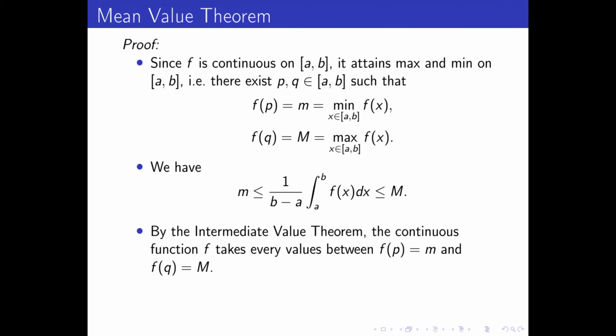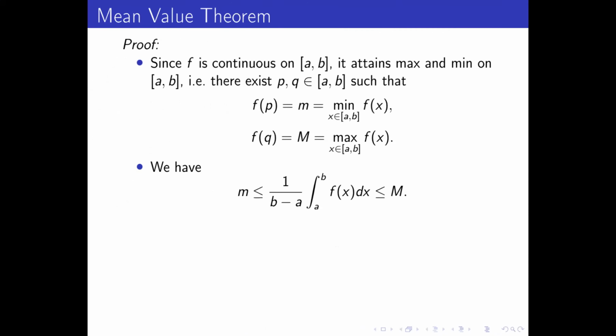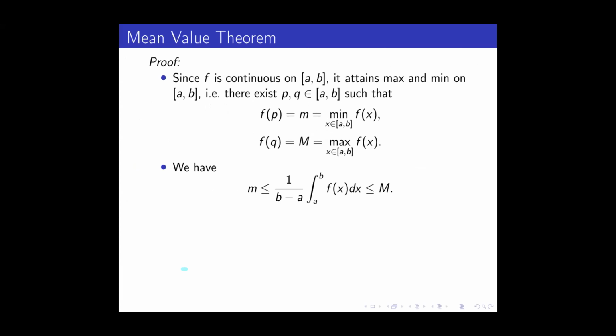So the picture is this. Inside the interval a b, f may be like this. So this is a and this is b, and here is the point where it attains the minimum, and here is the maximum.